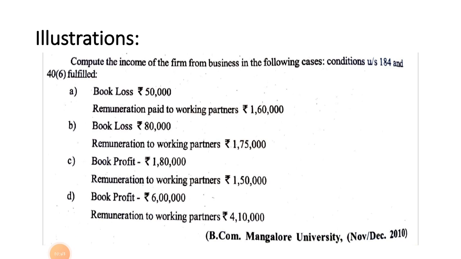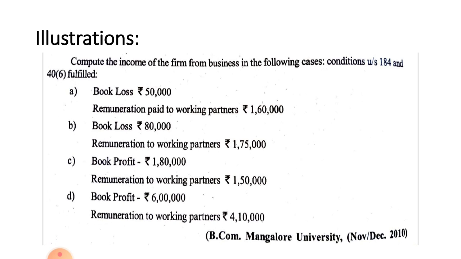See this problem. Compute the income of the firm from business in the following cases. Conditions under Section 184 and 40(b) are fulfilled. First one, book loss 50,000, remuneration paid to working partners 1,60,000.